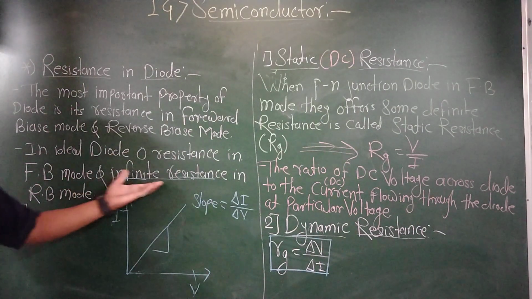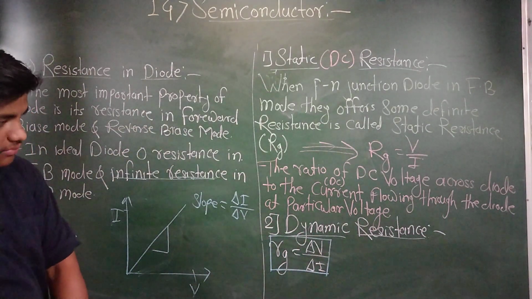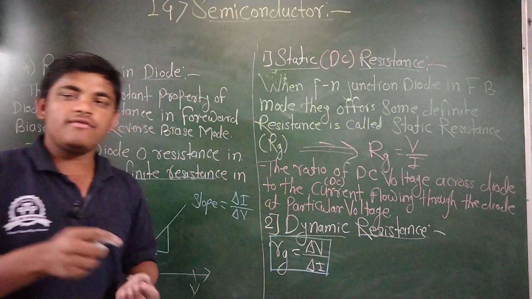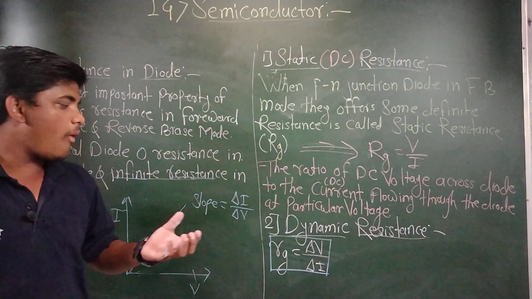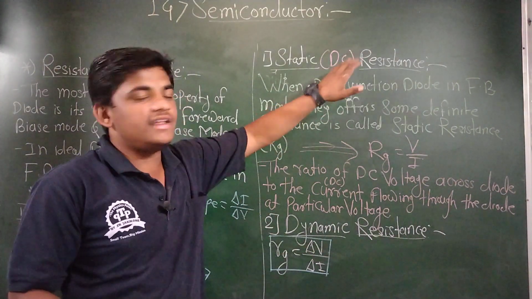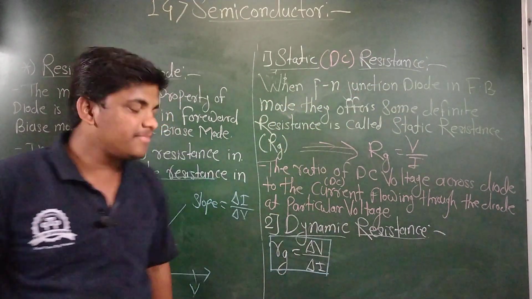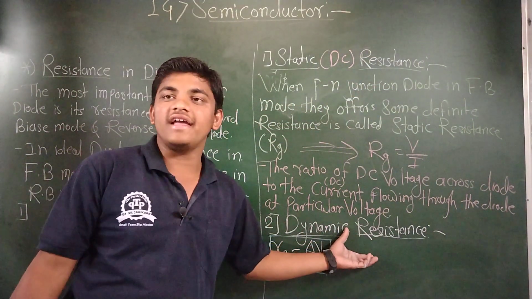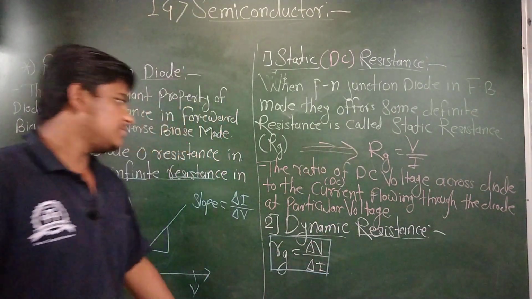In the reverse biasing mode, it will be infinite. The reciprocal of the slope of IV characteristics is called, the options are DC resistance, static resistance, and the last option is dynamic resistance or AC resistance. This is the correct answer.